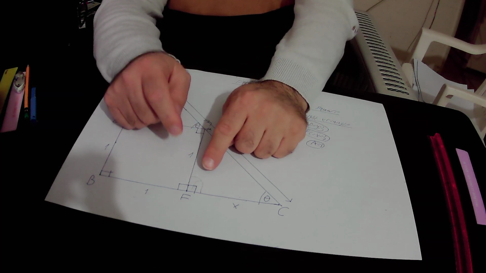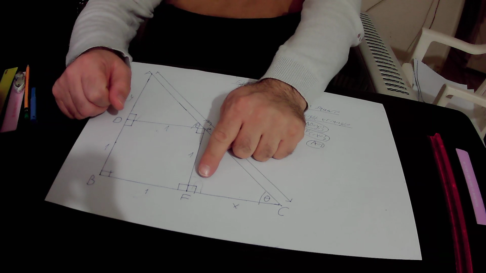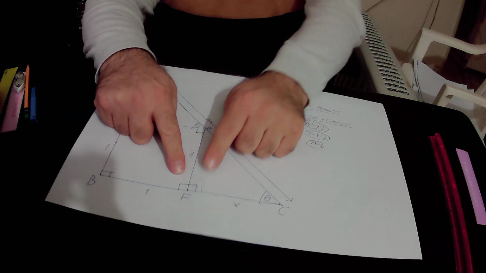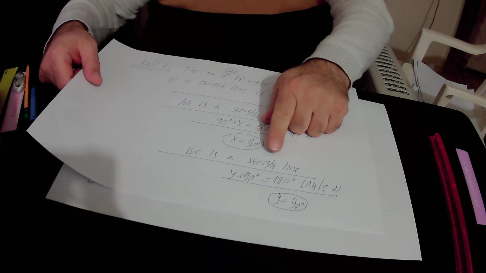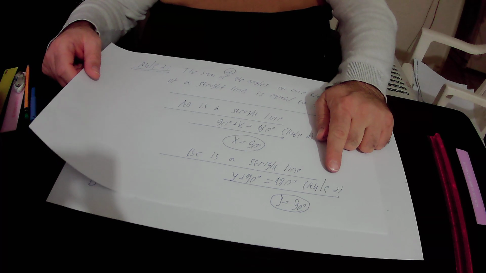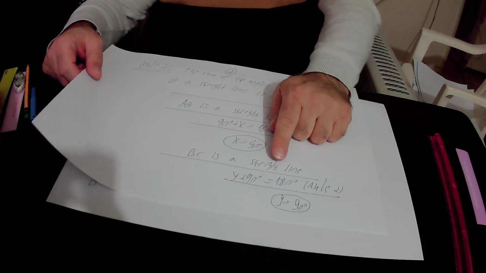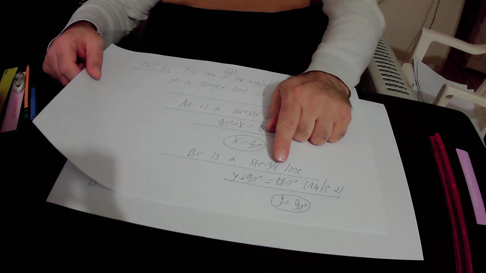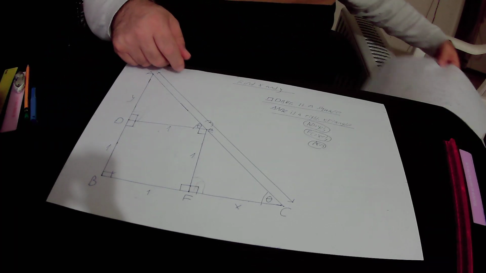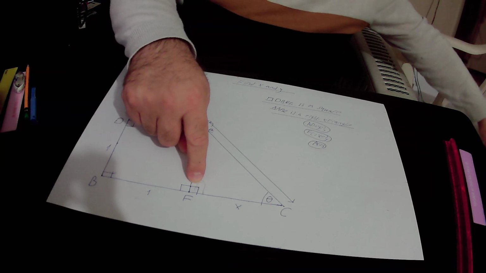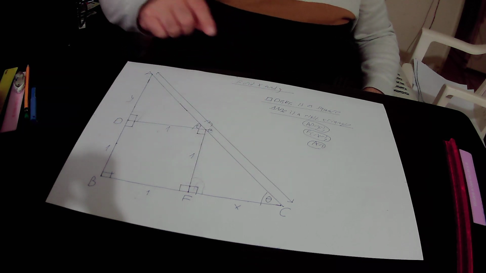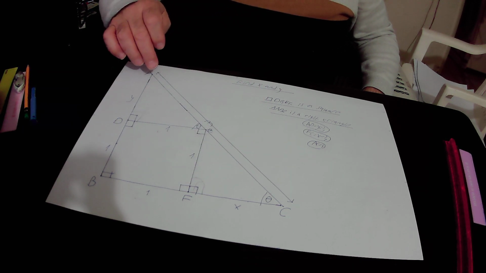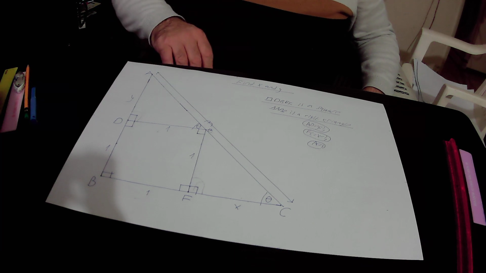So if we define angle EFC as Y, then Y plus 90 degrees must be equal to 180 degrees according to rule number 2. Subtracting 90 degrees, we got that angle Y equals 90 degrees, therefore triangle EFC is a right triangle, as well as triangle ADE.